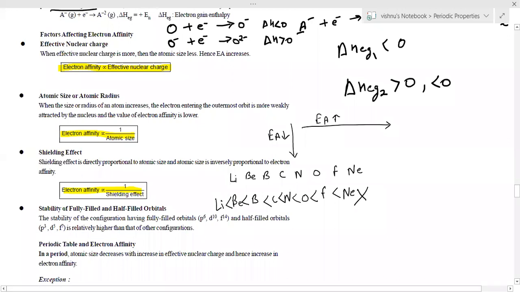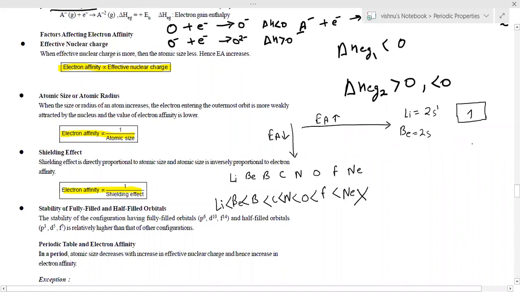So we'll see the electronic configuration of each element. Okay, now when we talk about lithium, it is 2s1. I'm just talking about the outermost orbit, so one electron in the outermost orbit.